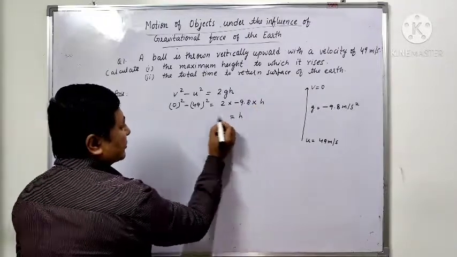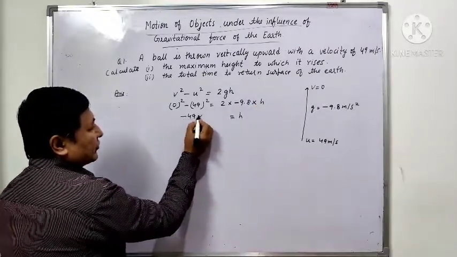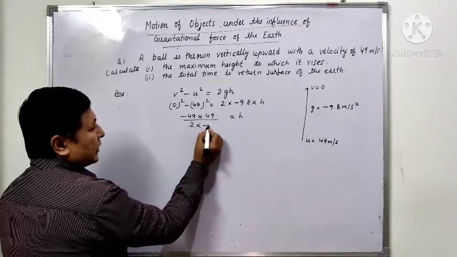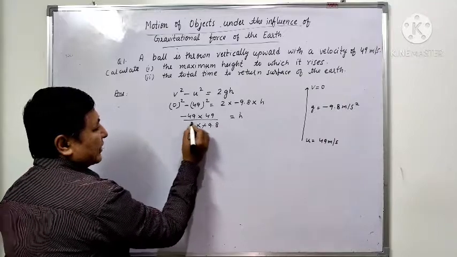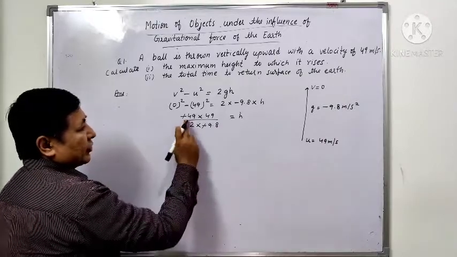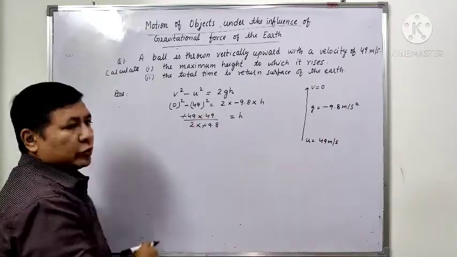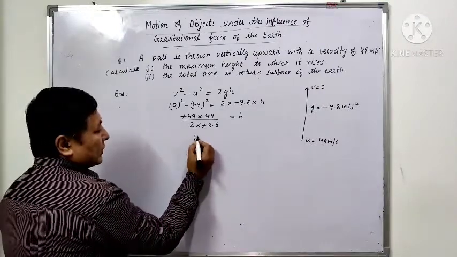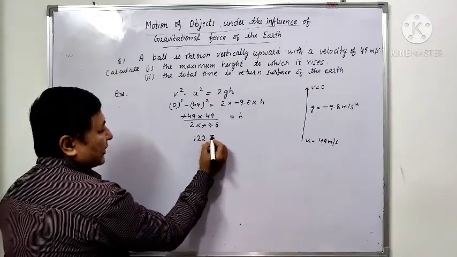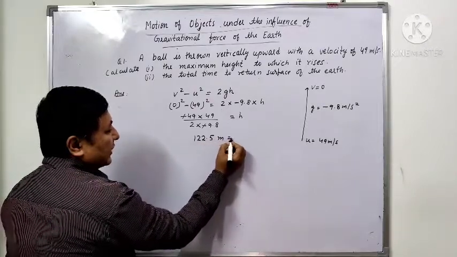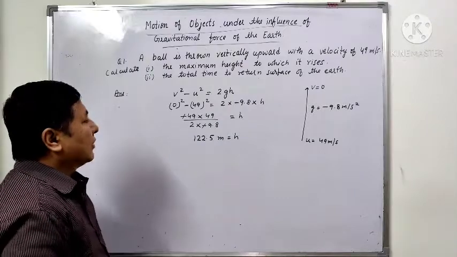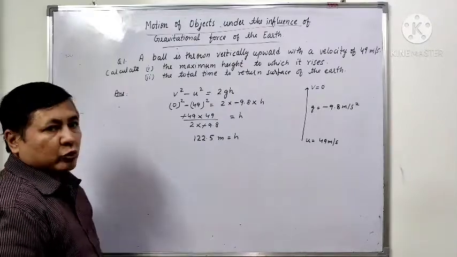So h = minus 49 into 49 upon 2 into minus 9.8. This minus will cancel, and it is 49 into 49 upon 2 into 9.8. When we solve this, it becomes 122.5 meter. So the maximum height to which the ball will rise is 122.5 meter.